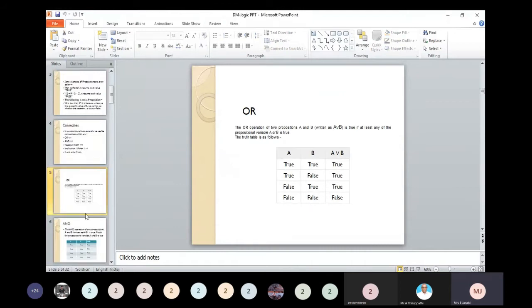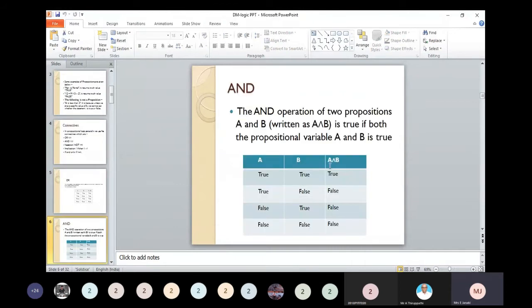And then the AND statement. So AND is what? You take A as one proposition and B as another proposition. This is nothing but a conjunction. OR means a disjunction, and this is a conjunction, A and B. We define this as: if both propositions are true, then the conjunction will be true.